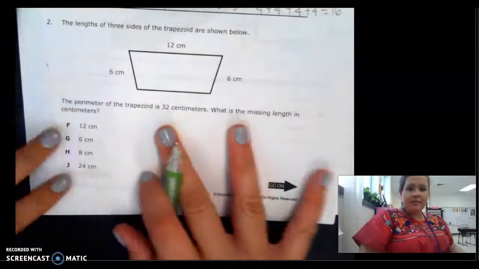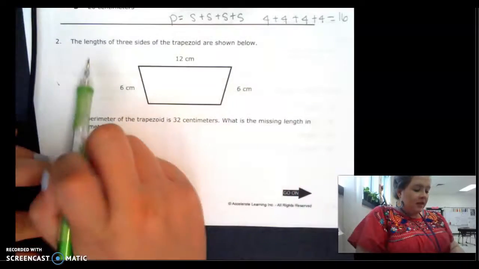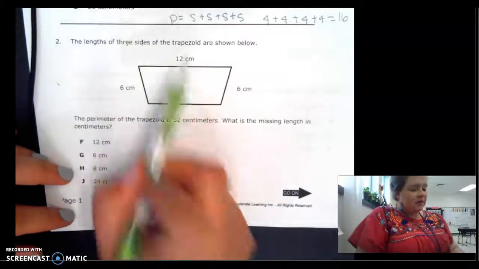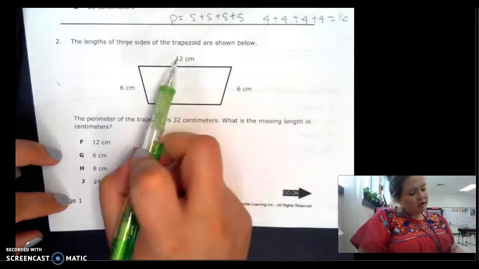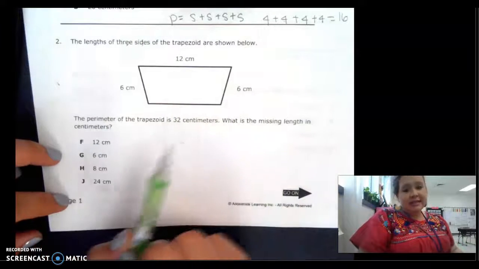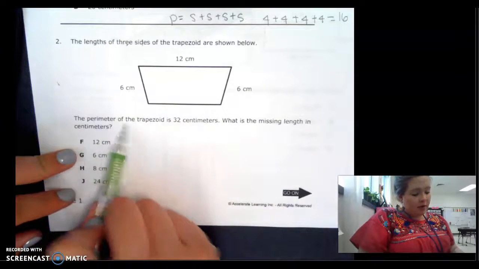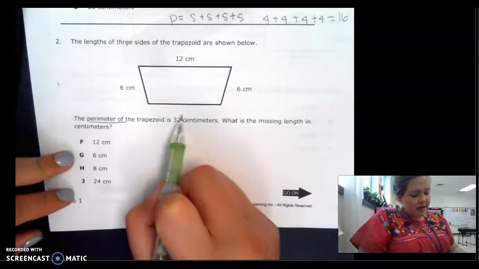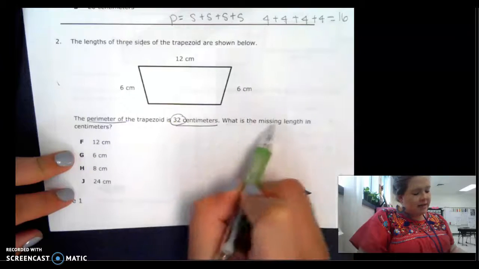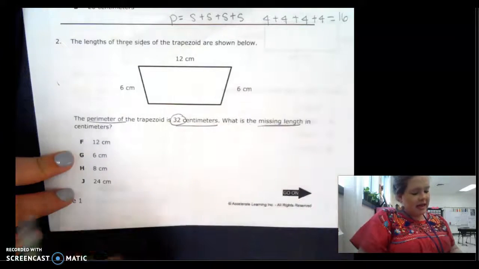Okay, let's look at another one. The lengths of 3 sides of the trapezoid are shown below: 12 centimeters, 6 centimeters, and 6 centimeters. The perimeter of the trapezoid is 32 centimeters. What is the missing length in centimeters?